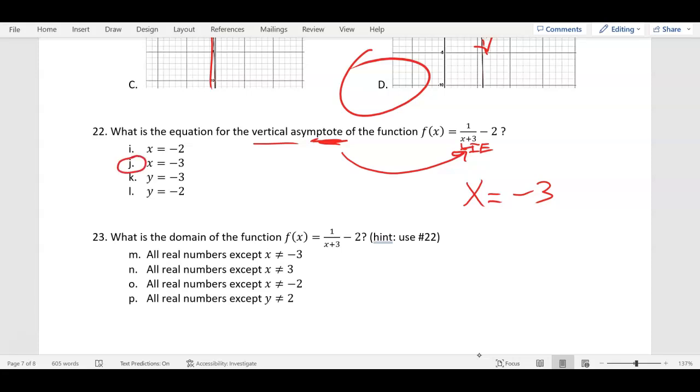And if you know the vertical asymptote, we're going to use that down here to find the domain. It's basically just not equal to it. So x cannot be negative 3. So it's basically all real numbers, just x cannot be negative 3. Cool.